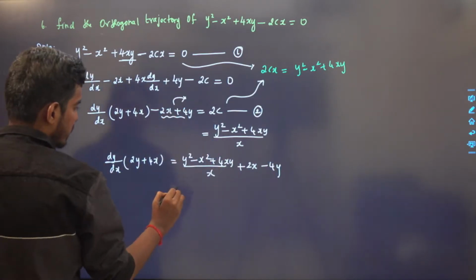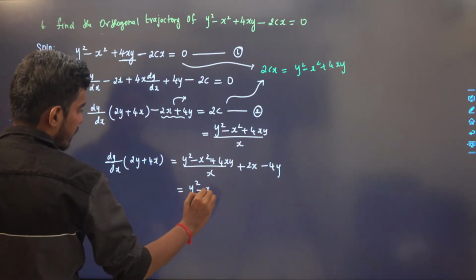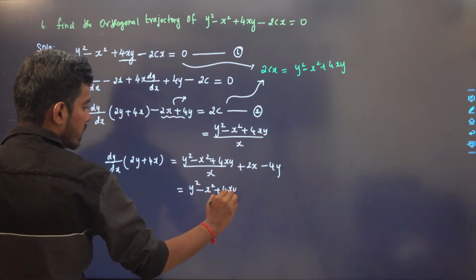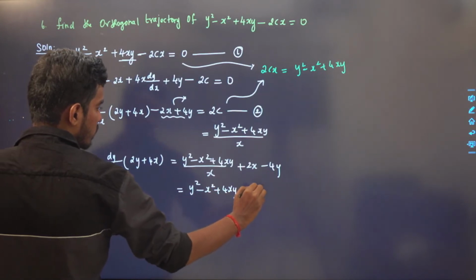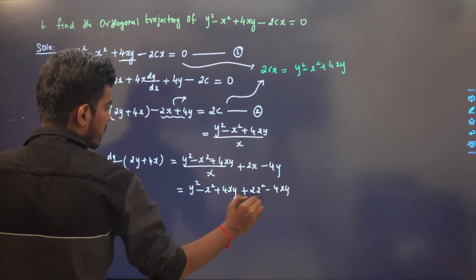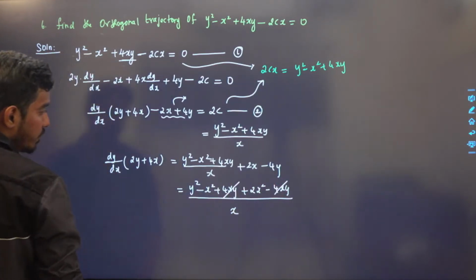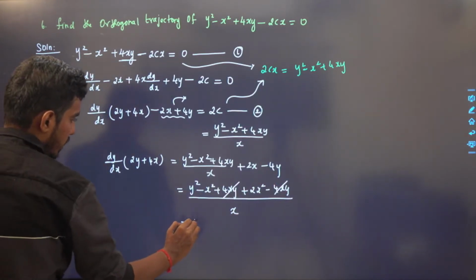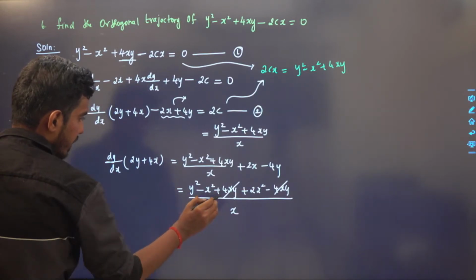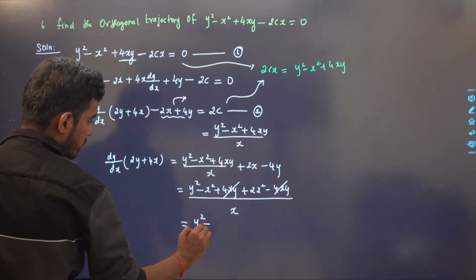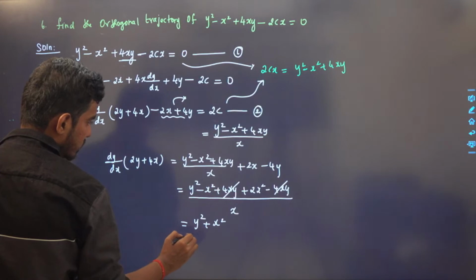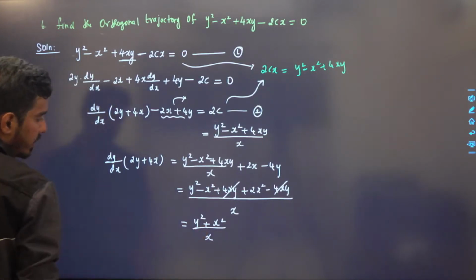Now cross multiply this. So we will have y square minus x square plus 4xy plus 2x square minus 4xy divided by x. These two will get cancelled. So this term will be equal to y square plus x square divided by x.